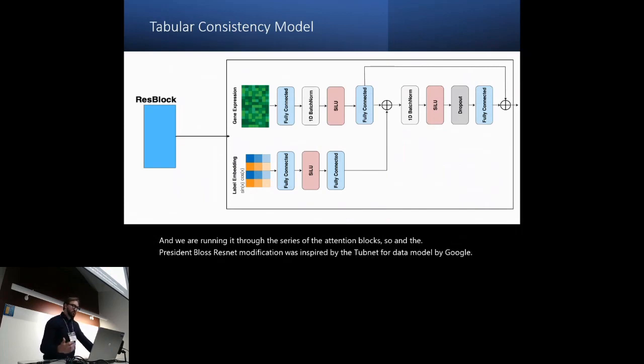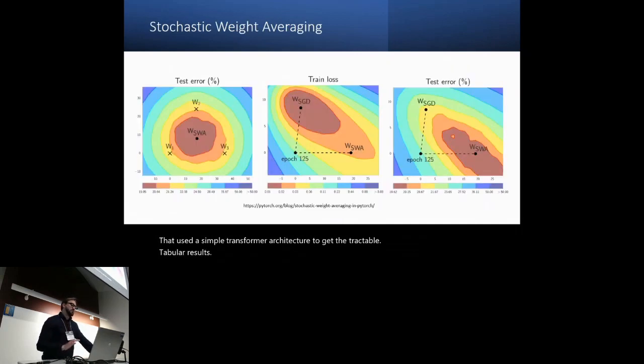that used a simple transformer architecture to get tractable tabular results. Another optimization for the model was the stochastic gradient descent weight averaging.